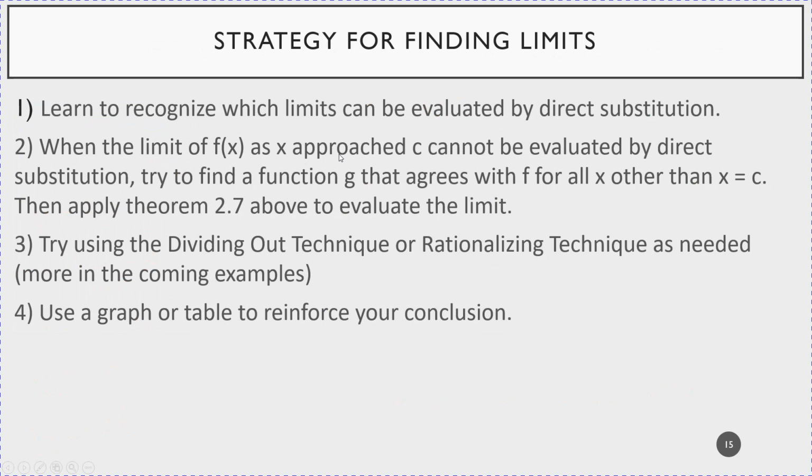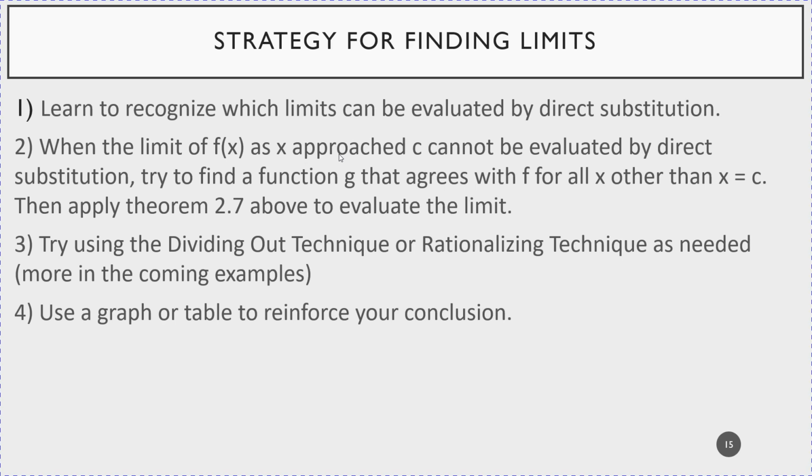Try the dividing out technique first, or the rationalizing technique as needed. I'll give you a ton of examples. If none of that works, use a graph or table to reinforce your conclusion. In all the examples I show you, it's going to work out very nicely.